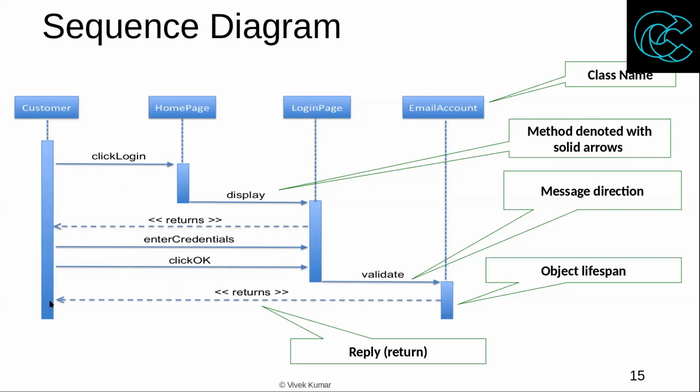So after this fails, it can start again here. Click the login, and everything can restart. Or you can redirect the customer to the login page automatically, and then ask the customer to enter the details. So that depends on your design. Right?